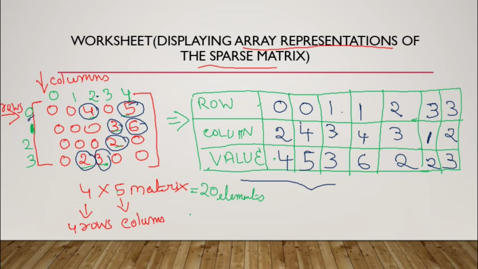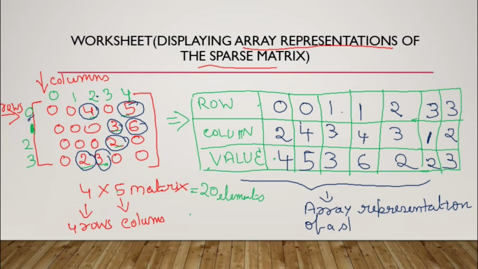This is nothing but the array representation. Now, if you see the definition and compare, you will understand the array representation of a sparse matrix. So this is the whole concept.